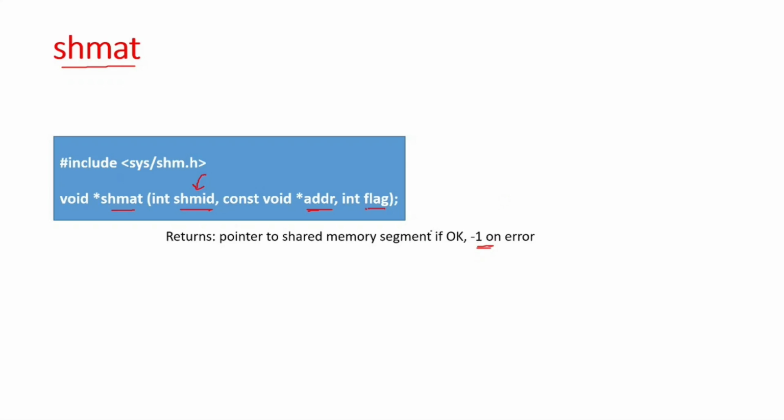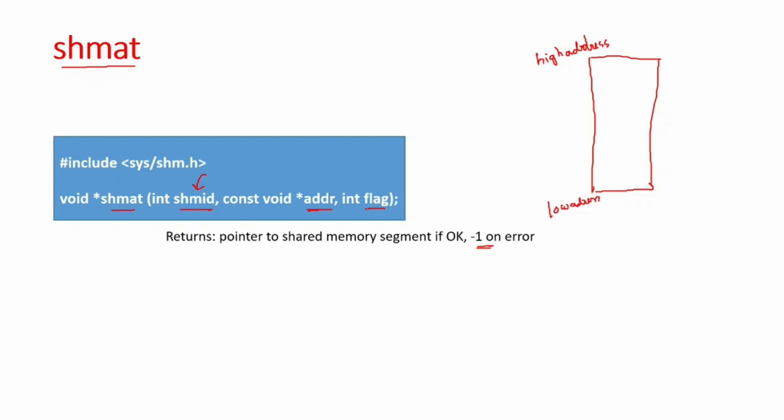So what do we mean by attachment? We have learned this in our operating systems course. A process will have some structure, and it will have its own address space. This will be the high address, and this will be the low address.